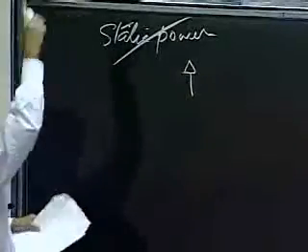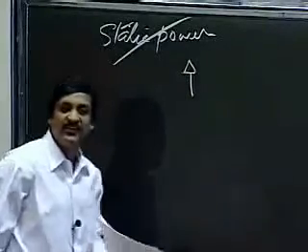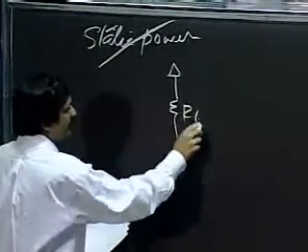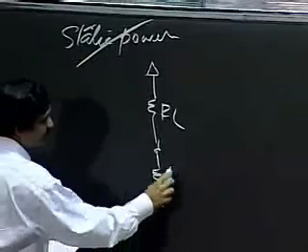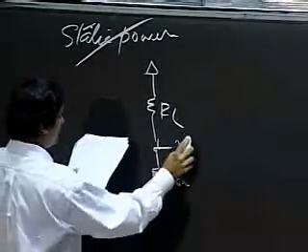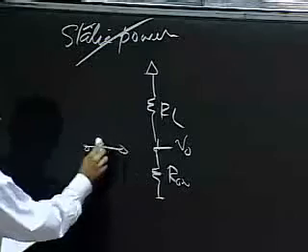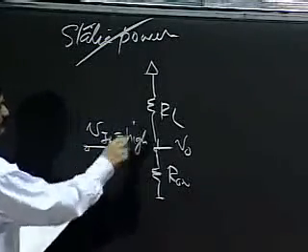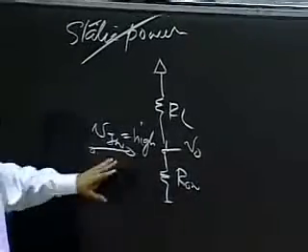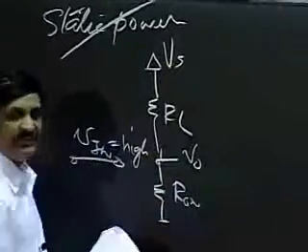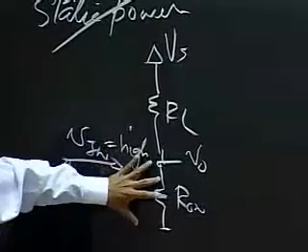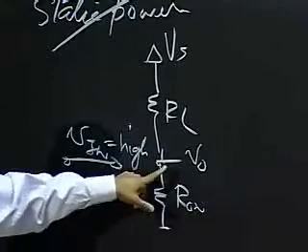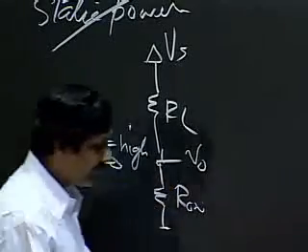Let's say I take my inverter. Let me draw the circuit both in the on state and in the off state. When Vin is high, the MOSFET turns on and has a resistance R on, and VO is the output voltage.